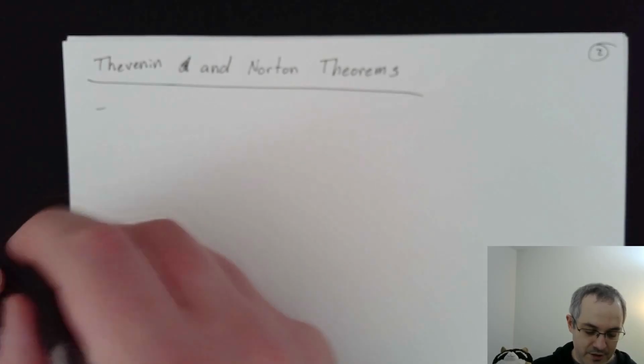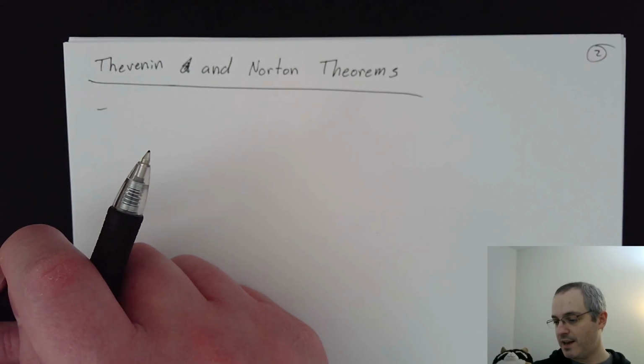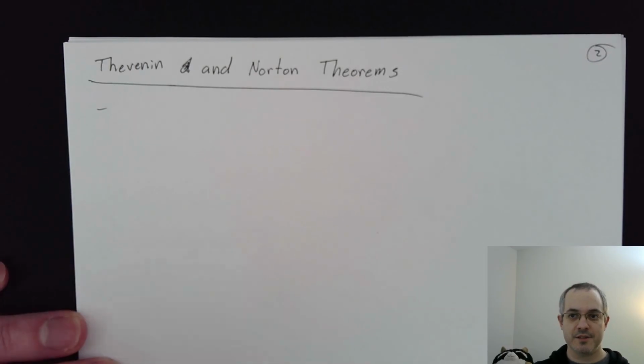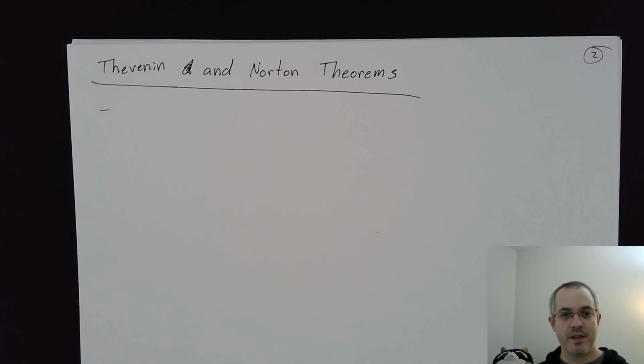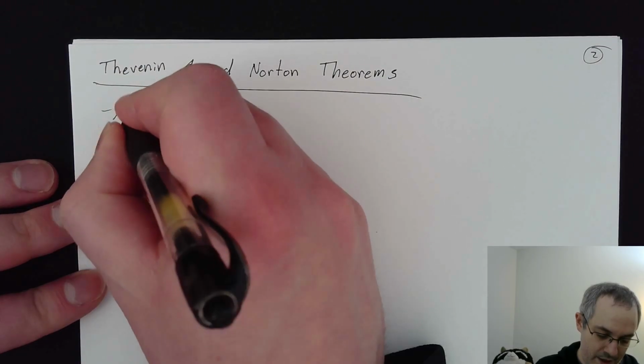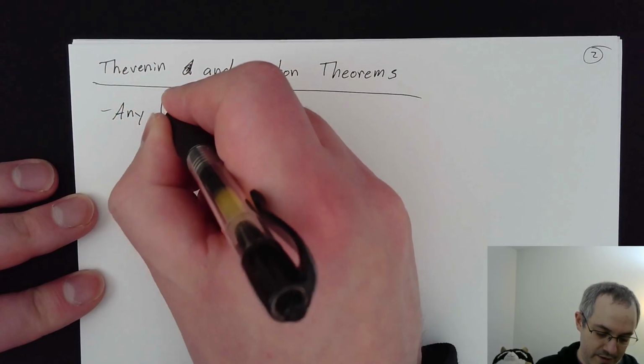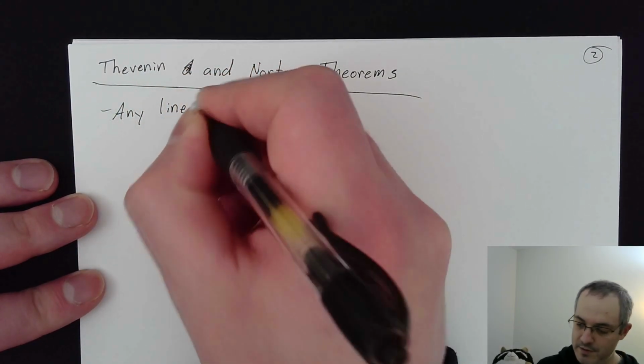Basically, any linear circuit, let me make sure I read this right, any linear circuit can be turned into an equivalent circuit like this. That's what I wrote down. Any linear circuit, and as you know, that's all we're dealing in.